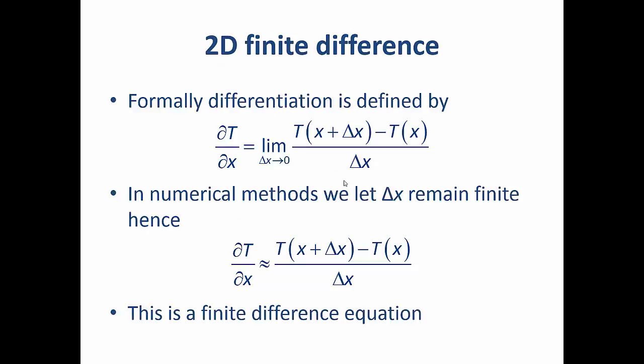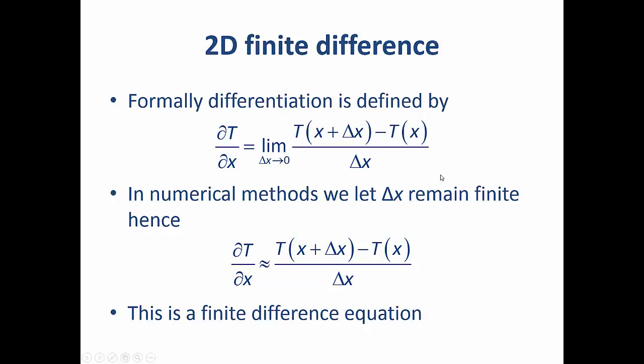So the first thing I need to do is to get a finite difference version of the differentials, and I can do this quite easily if I consider the formal definition of differentiation, which I've done here for partial dT by dx, that we would get by taking the limit as delta x tends to 0 of the temperature at x plus delta x minus the temperature at x, divided by delta x.